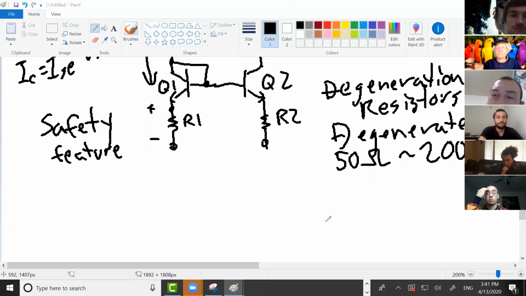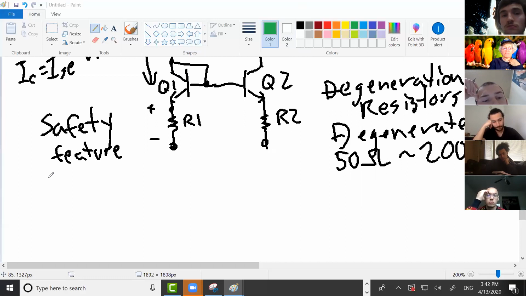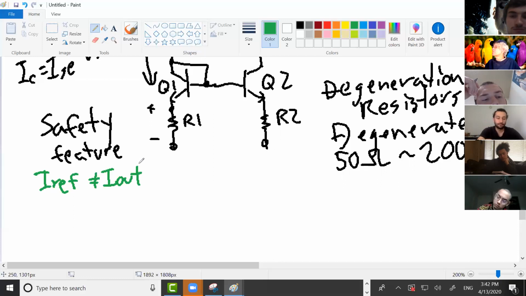So when you use degeneration resistors, another thing you can do, it's not only just a safety feature, it also lets you set I ref not equal to I out. And sometimes you want that.